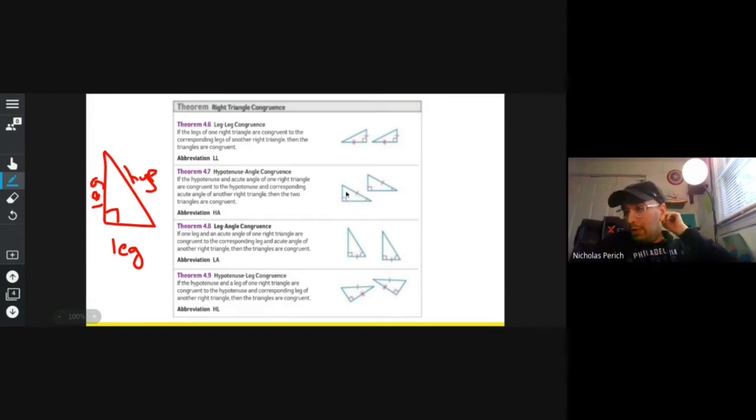This one is a play off of AAS because I have an angle and the side that's not included. Or if you're like, oh, that's a right triangle, so look at that angle and look at the hypotenuse. If the hypotenuses are the same and you have some random angle that are also the same, you could use HA.